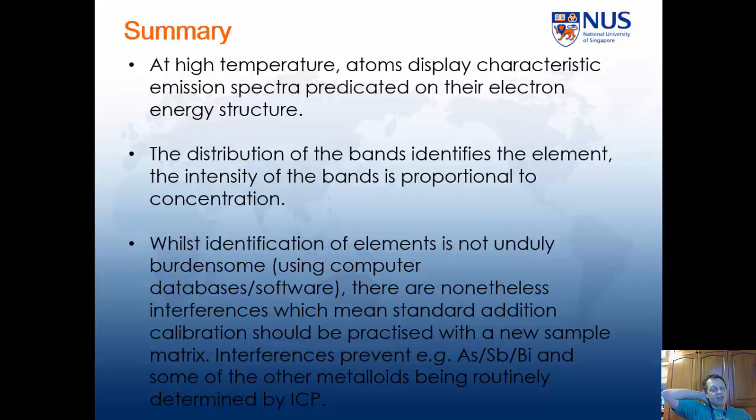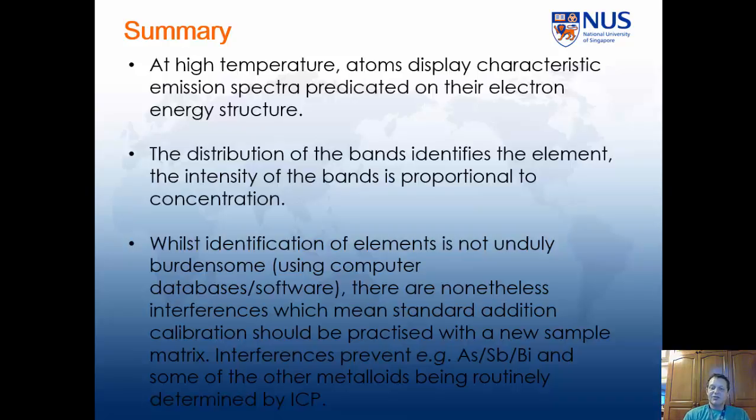As long as sample is fed continuously into the plasma and argon is supplied continuously, the plasma is sustainable and the system is stable. Right, there are a couple of particular interferences.